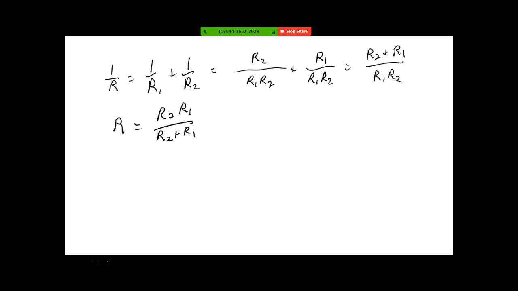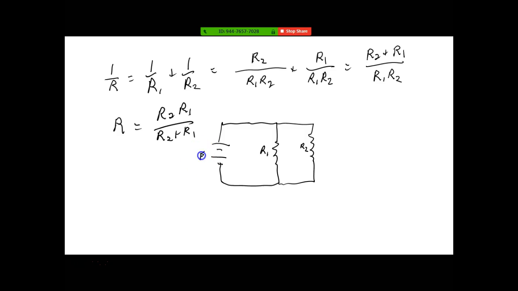Okay. Now, that's what we mean by effective resistance. They drew the pictures over here, and if this was your E, and these were your resistors, R1 and R2. Okay? So if this is R1, this is R2.